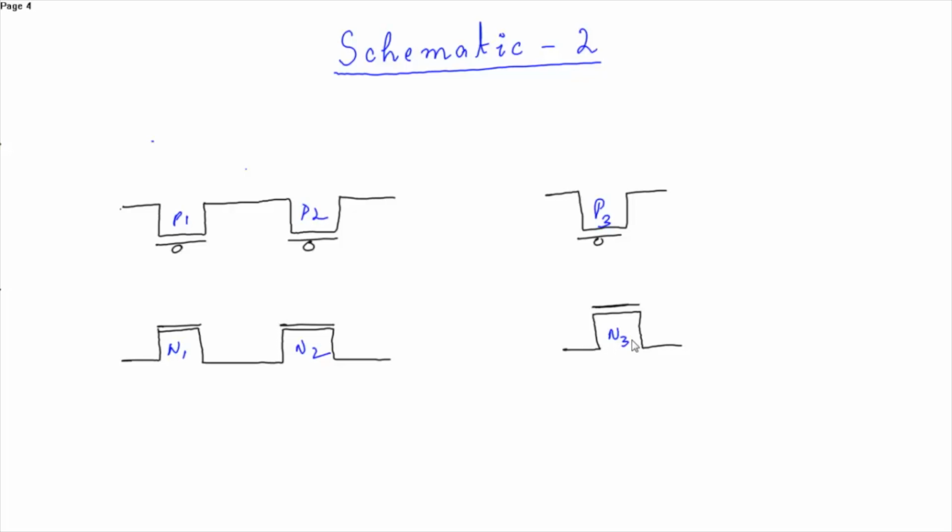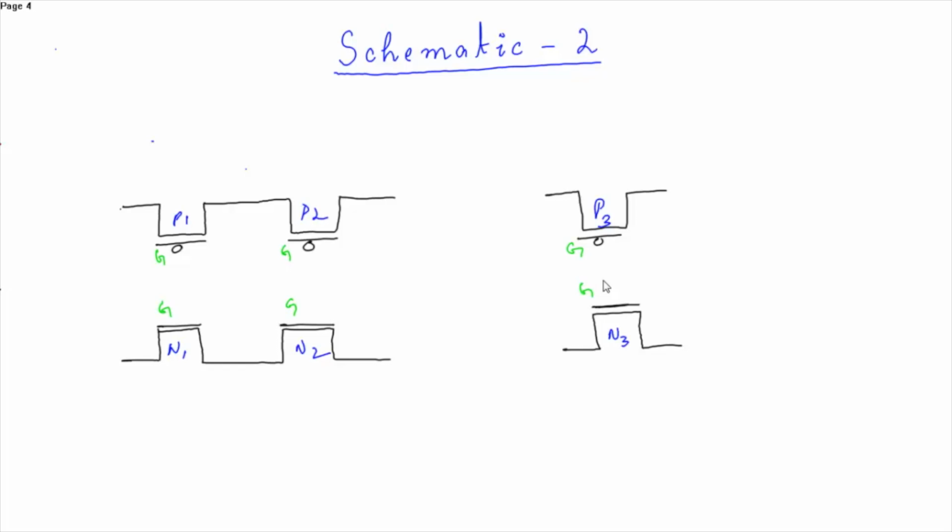So now just mention the sources and the drains, so that it's convenient for you to convert this schematic to your layout. So these two are the gates, gate terminals.